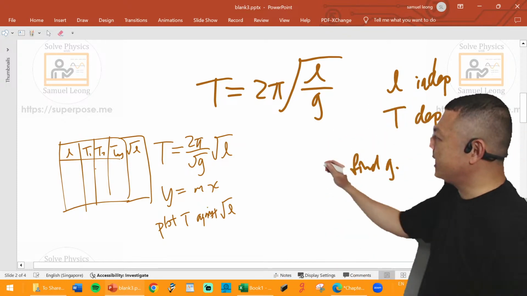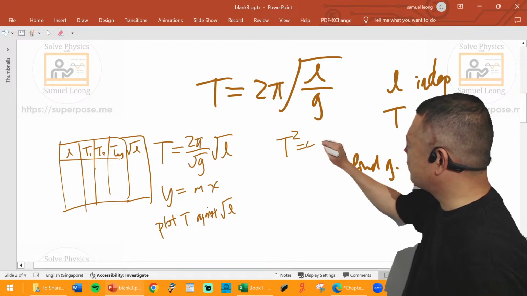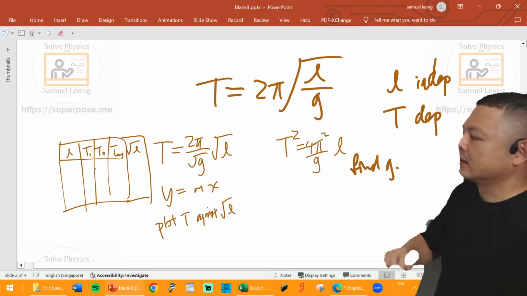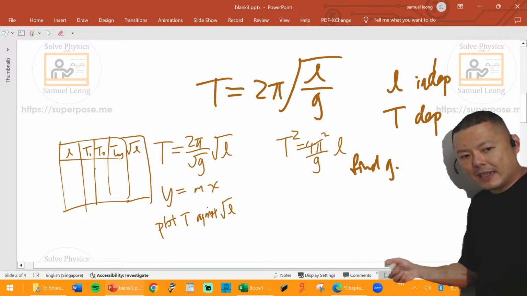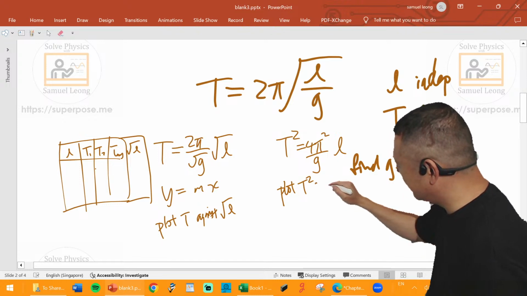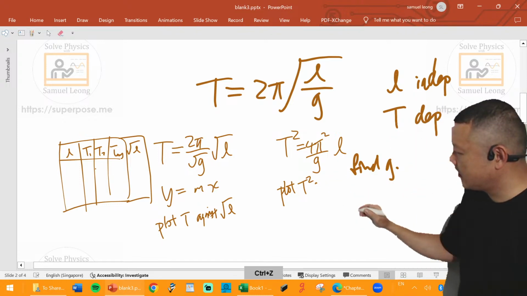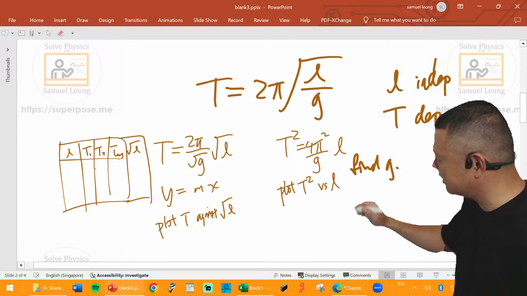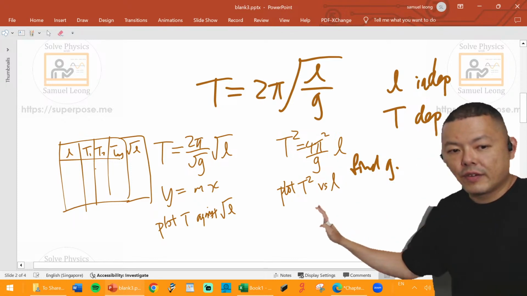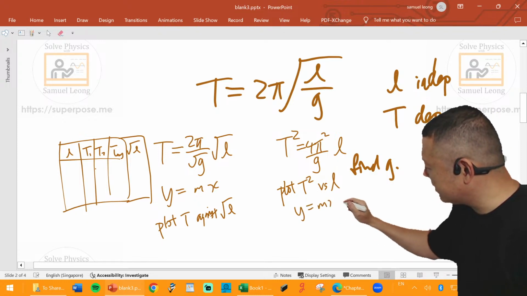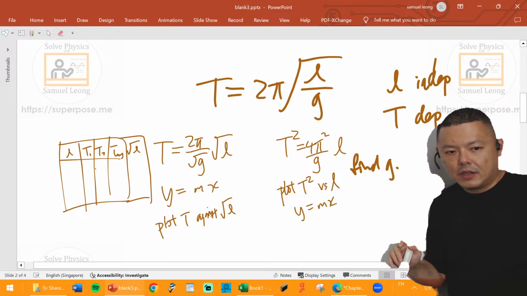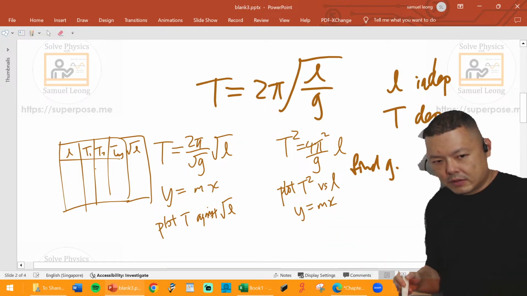The next one will be T squared equals 4 pi squared over G times L. So the other method is you plot T squared versus L. If you plot T squared versus L, the gradient of your graph, y equals mx, the gradient is 4 pi squared over G. You still have to go and extract the gradient out.